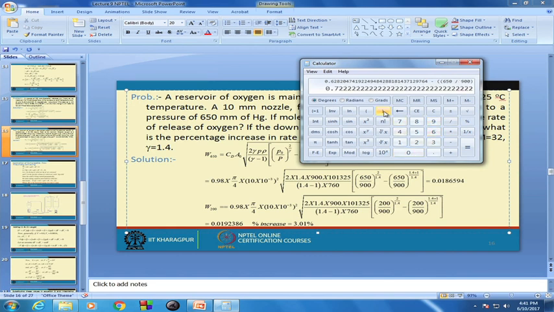So this is equals to this to the power 1.4 plus 1, that is 2.4 divided by 1.4, right? So this becomes that, then that becomes this, then this is equal to this. Fine.